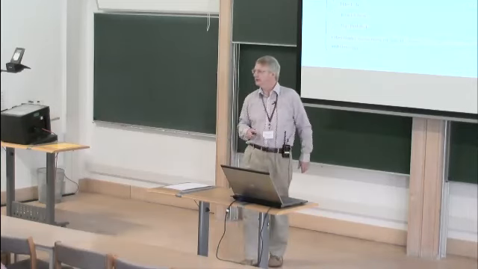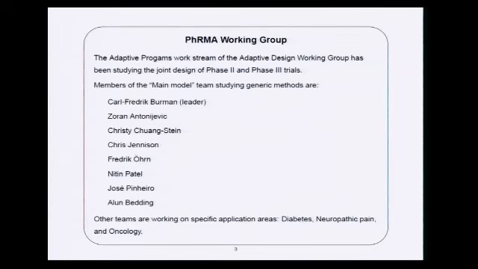I've been doing this work in a pharma working group, and it's quite a big group. This set of names here refers to the people in the core generic model. There are other subgroups working in specific therapeutic areas. So they're doing similar things, but with rather more detail about those particular conditions.